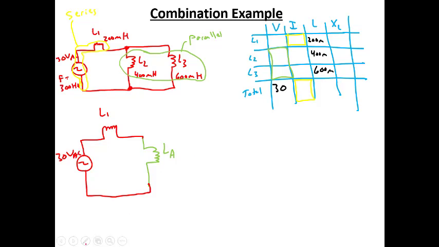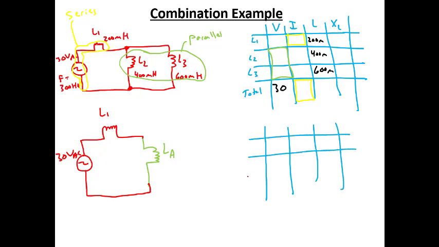And then we're going to have an additional table here for the second circuit. This one will be voltage, current, inductance, and inductive reactance. This is going to be L1, this will be LA, and this will be total.